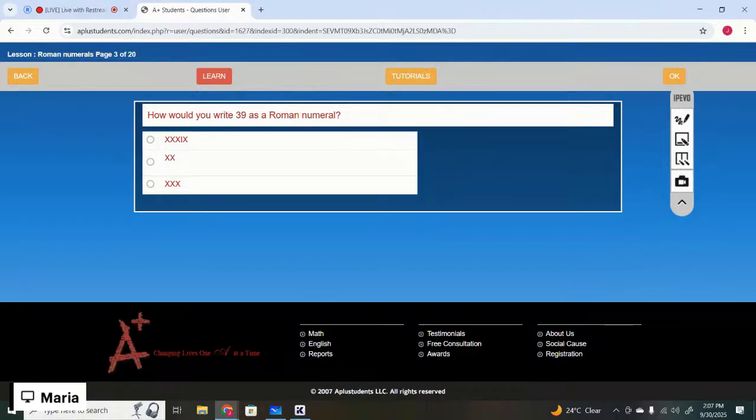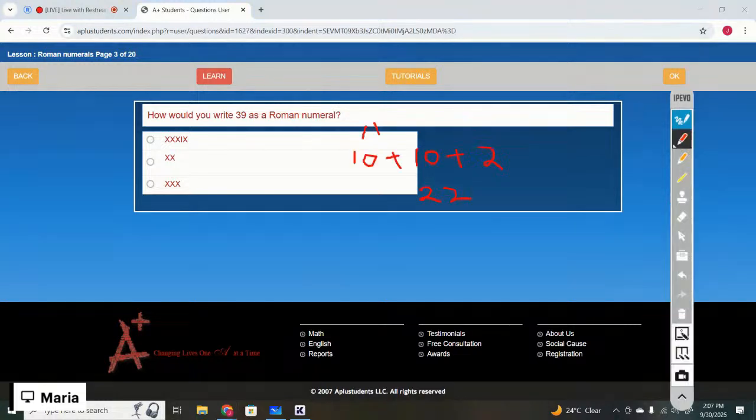How would you write 39 as a Roman numeral? So 39, let's just break down 39, right? That would be 10 plus 10 plus 10 plus 9.